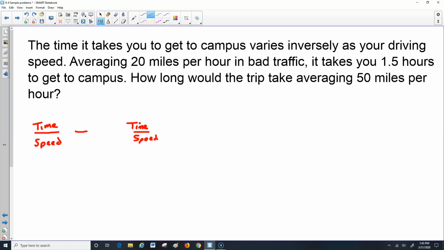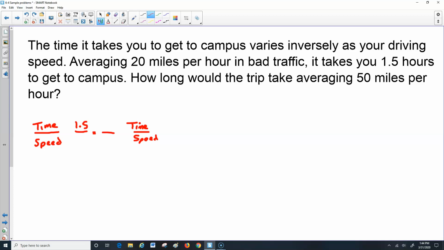So now let's figure out where our values are going to go in our ratios. So we know that we average 20 miles per hour and it takes us 1.5 hours. So 1.5 hours, that's a time. We'll put that in the numerator of the first fraction. But the speed that corresponds to that is 20 miles per hour.